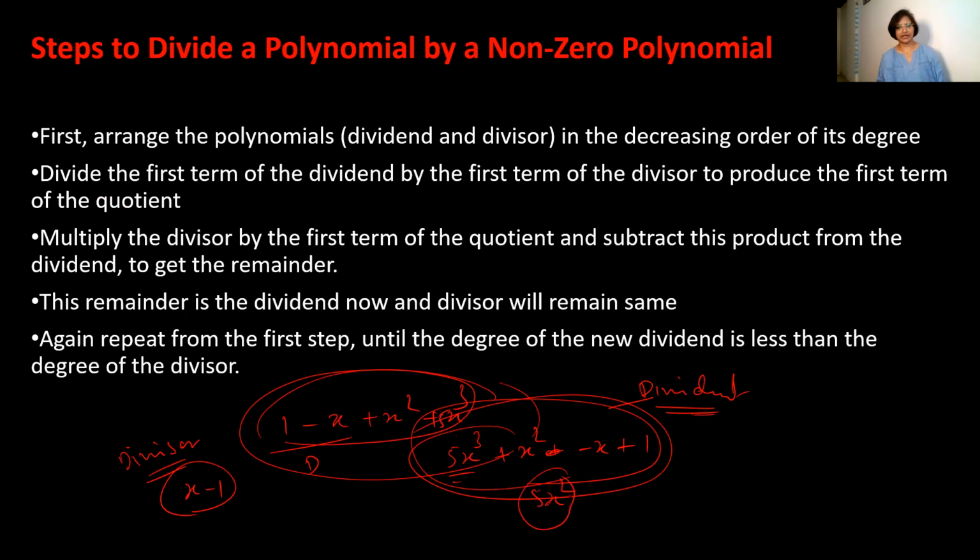You have to divide this by the first term of the divisor, by x, to produce the first term of the quotient. The quotient will also come in the form of a polynomial expression, that is q(x). So dividing, what do you get? 5x, oh sorry, it is a cube, so 5x square. This is the first term of the quotient.